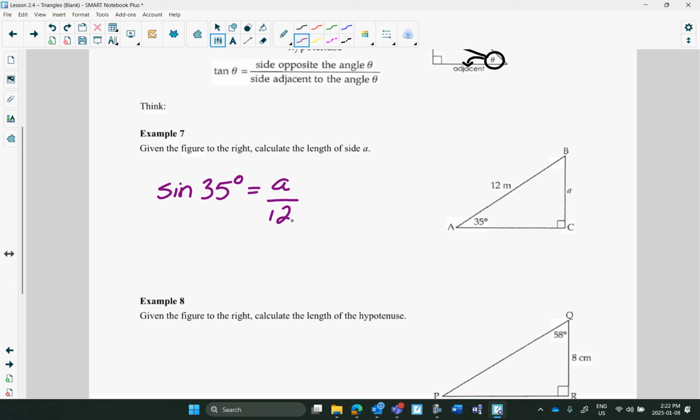So now you just solve this equation. Solve for A. How do I get A by itself? Times both sides by 12. So A is going to be 12 times sine of 35 degrees.